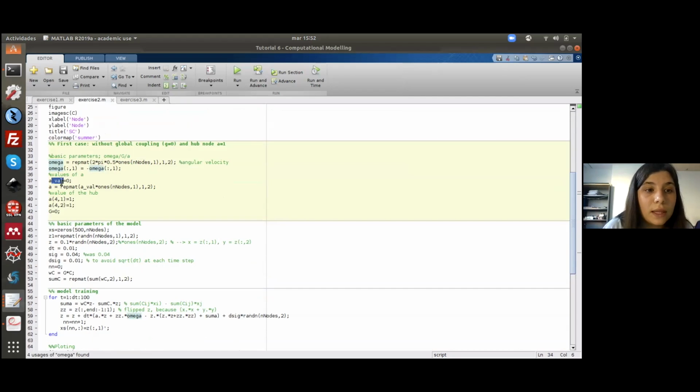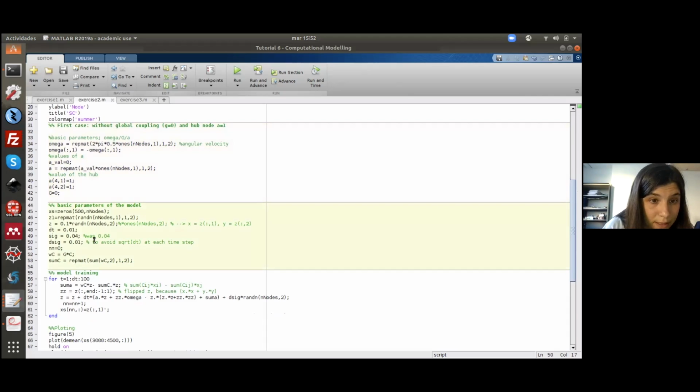And here we define the values of the bifurcation parameters. In this case, for all the nodes, we can set to 0, and this will be the value of the bifurcation parameter in the hub. This will be the hub because we have defined the node 4 as the hub, and the G will be the global coupling.